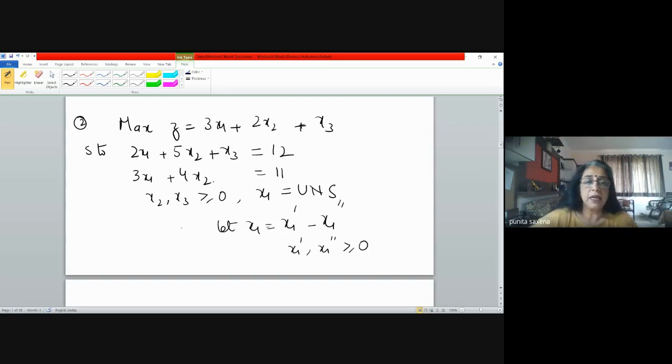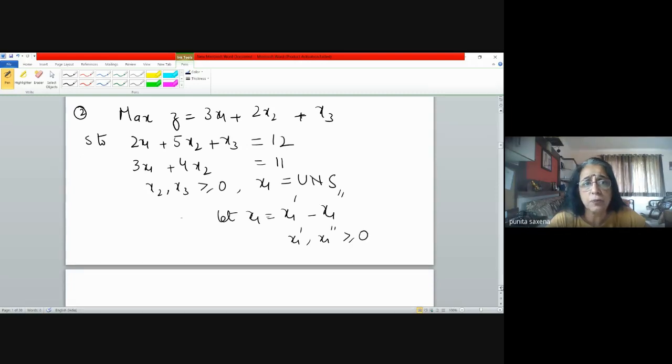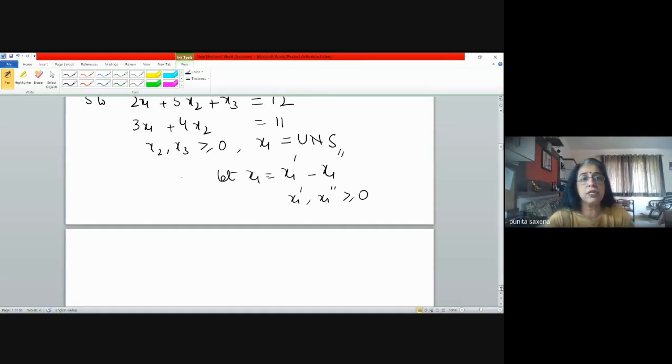But then the changes also have to be made corresponding to the variable x1. Why? Because it was unrestricted in sign, right? So now when you write the standard form of this problem, the number of variables will now increase. So my problem will now become to maximize z, where the first entry was 3x1.